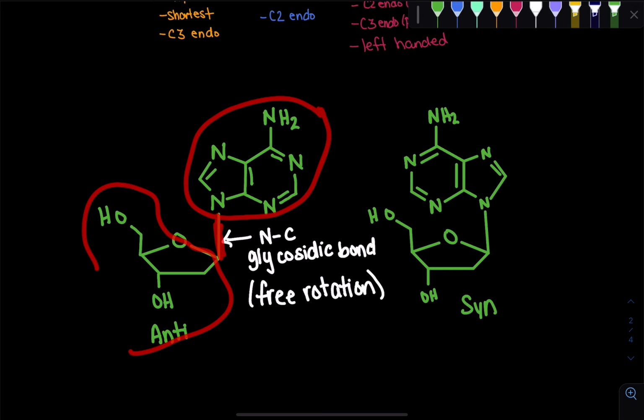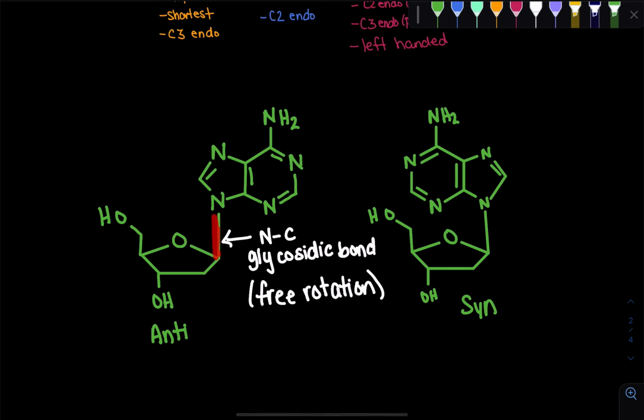In this example, we have used adenine, which is a purine, and this bond is called the N-C glycosidic bond, and it's free to rotate. Since it's free to rotate, it can exist in two conformations: the anti, in which it points away from the sugar, and the syn, where it points inwards towards the sugar.